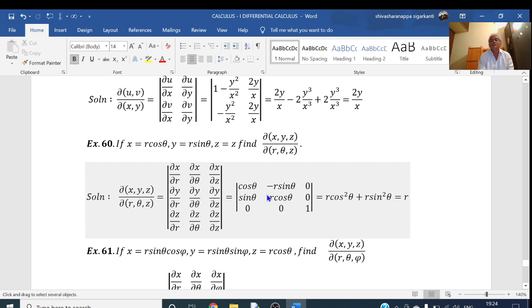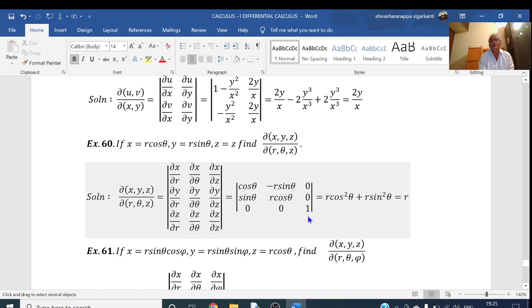First row, expanding this one, we write cos theta into, expanding this by first row, cos theta into r cos theta into 1 minus 0. That is cos theta into r cos theta, that is r cos square theta.